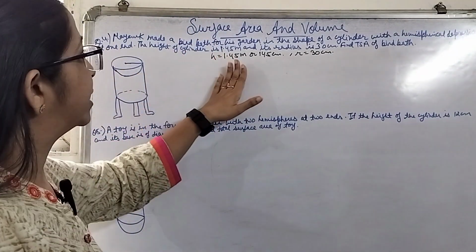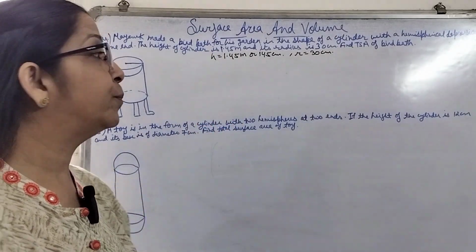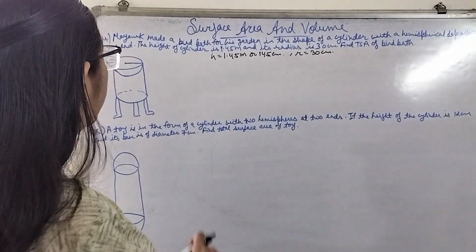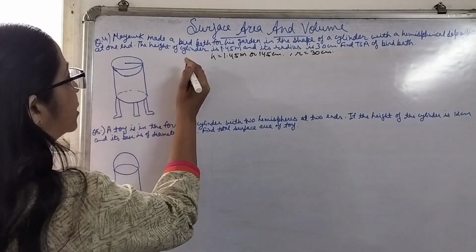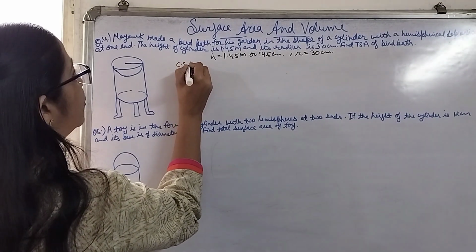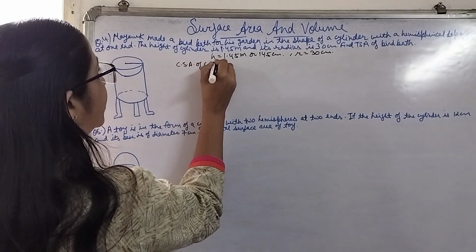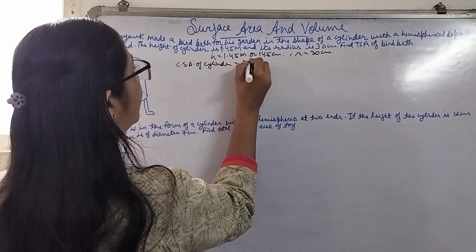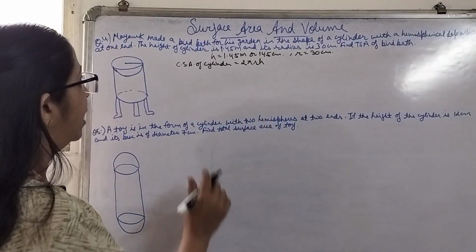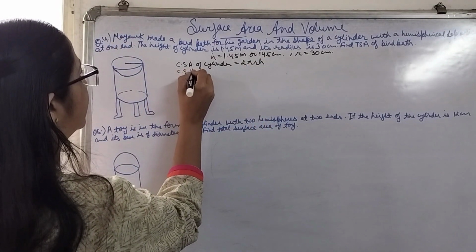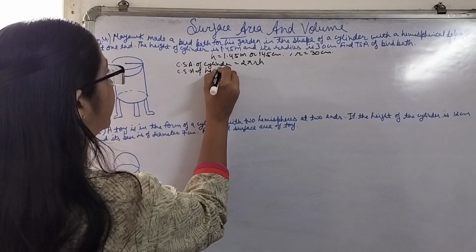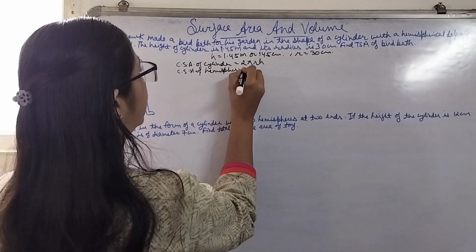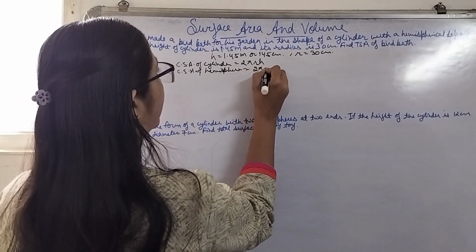That simply means only the curved surface area of both the figures is required. Now if we see the cylinder, the curved surface area of the cylinder is given by 2 pi r h, and the curved surface area of the hemisphere is given by 2 pi r square.